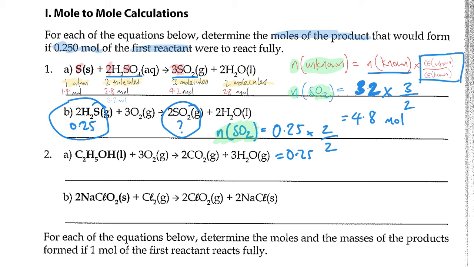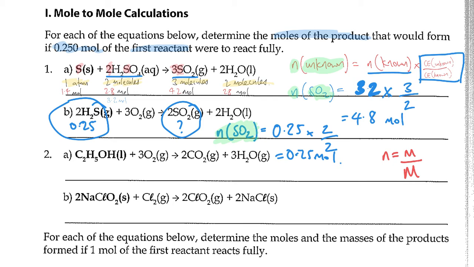If you do know the number of moles, then you can go further and work out the mass of something. Who remembers the equation that we learned yesterday for working out the relationship between moles and mass? n is equal to mass over molar mass, or relative formula mass. All right? So we could use that equation to work out the mass of SO2.